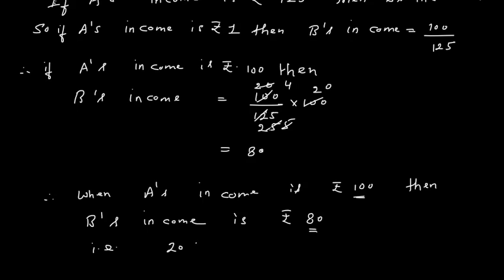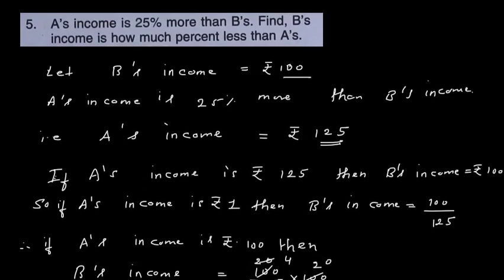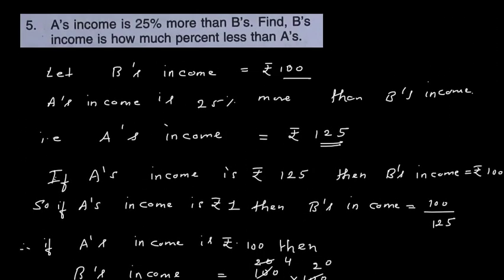So on 100, whatever I am getting less, it is the percentage. So that is 20% less. Simple.